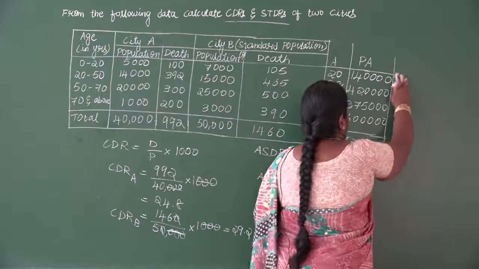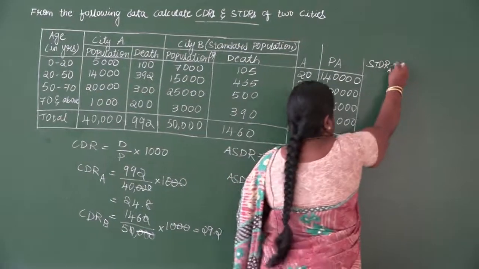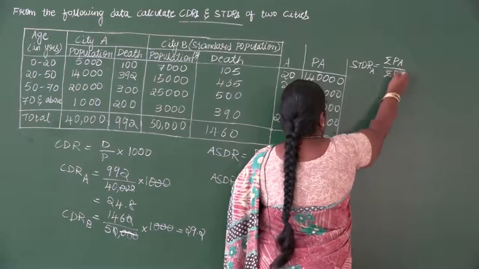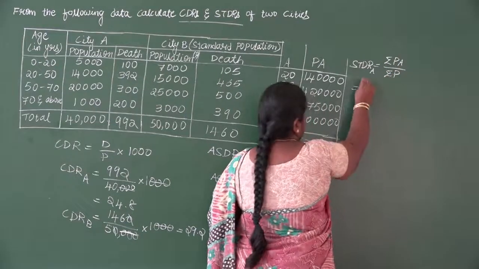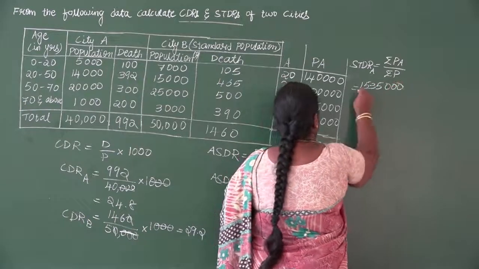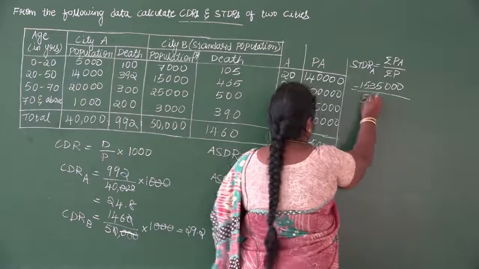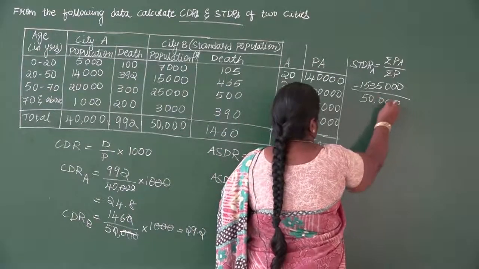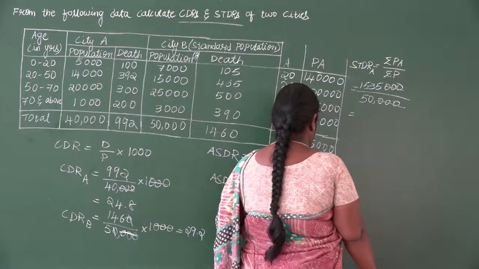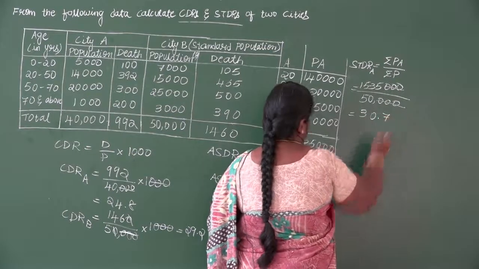Next we have to calculate the standardized death rate of A. It is sigma PA divided by sigma P, which is 1535 and 3 zeros, divided by P total, 50,000. So you can cancel the 0 terms. We'll have 1535 divided by 50, which is 30.7.